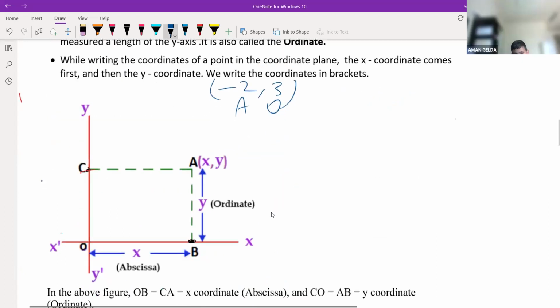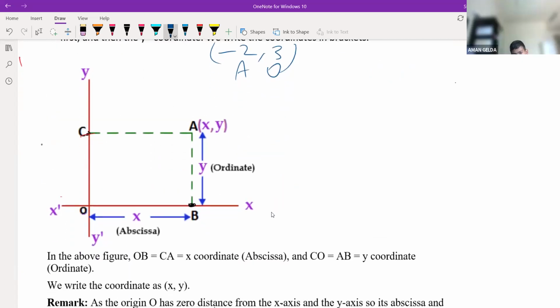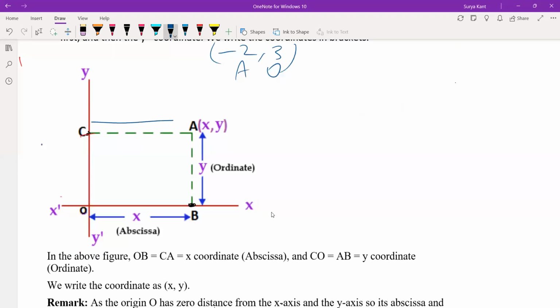Yes, sir. Next. What they have mentioned over here, see? What is abscissa? Abscissa is this distance from here to here. This distance from this point is abscissa. This is ordinate. So the combination of both is what? X and y coordinate.